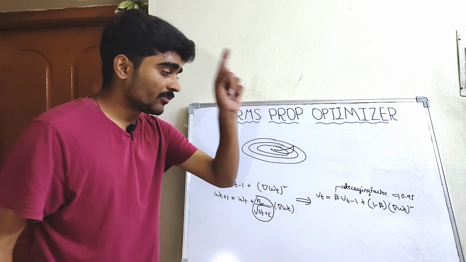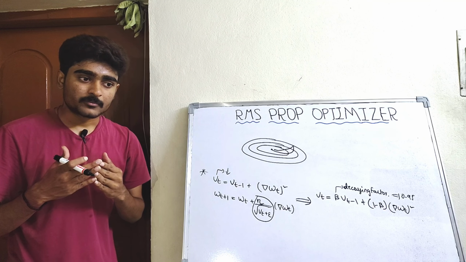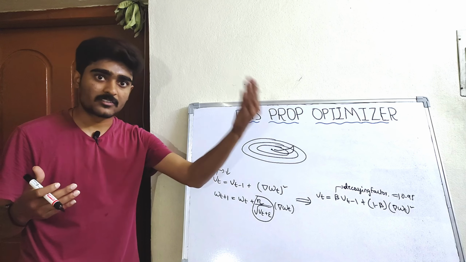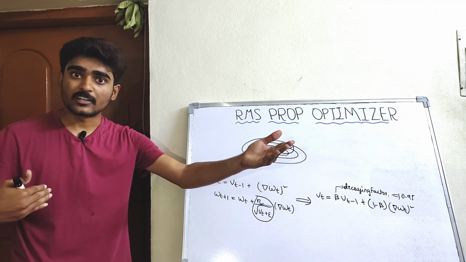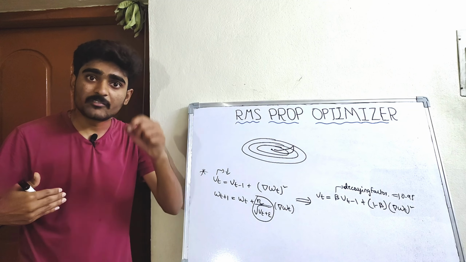But in the case of the RMSProp optimizer, you give importance in a graded order. The very first epoch's gradient has some importance, and the same gradient at the 100th epoch is given less importance.